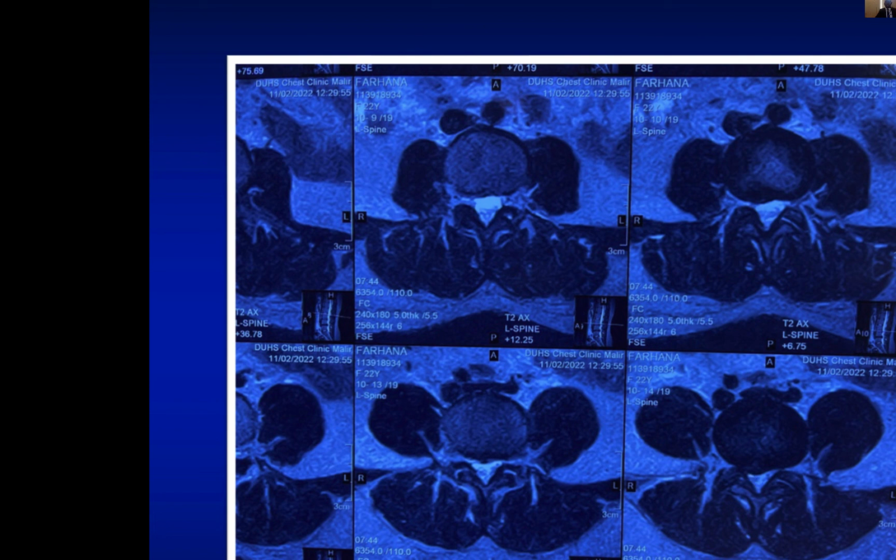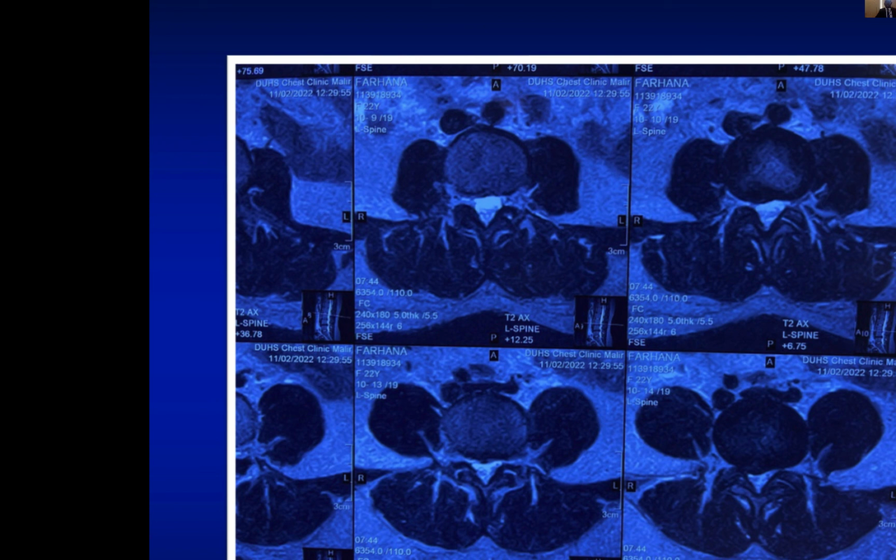In some of my cases, I tried that and it worked. I just removed here, made a decompression posteriorly. I checked the disc. If the annulus is severely softened, and there is some movement when you press your dissector, there may be some free fragments in between the layers of the annulus.